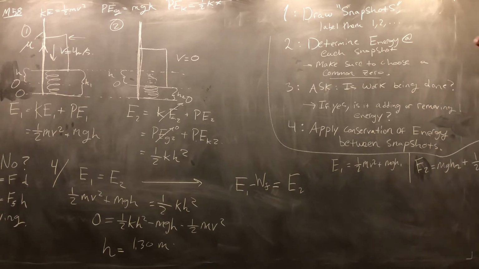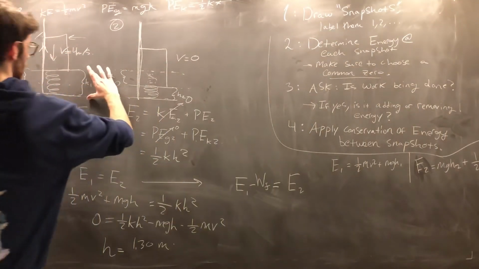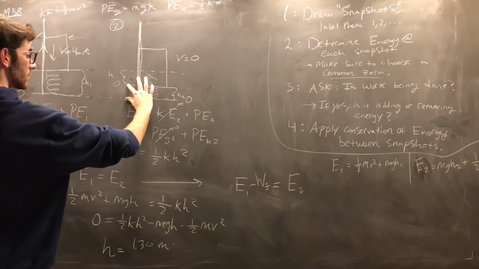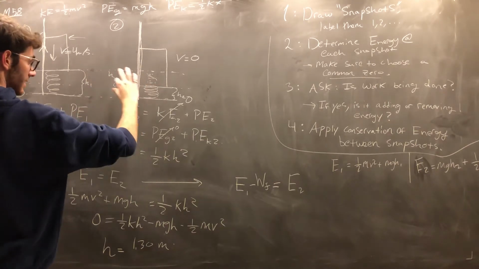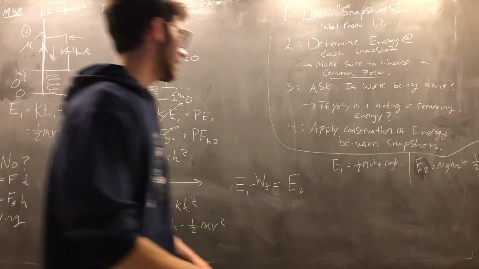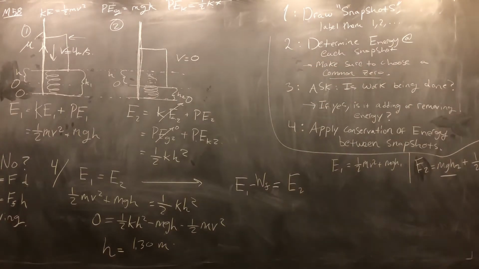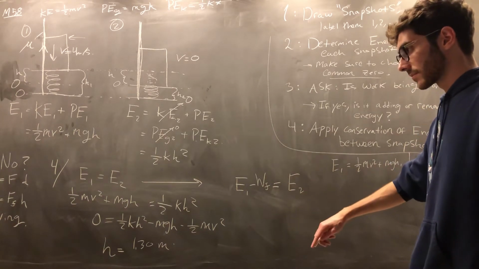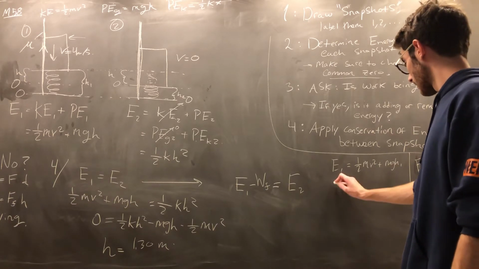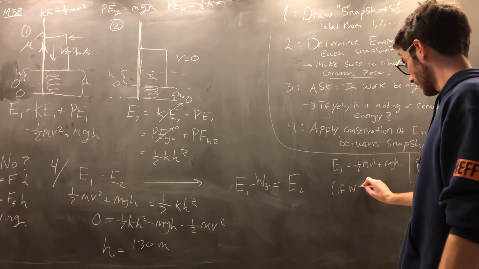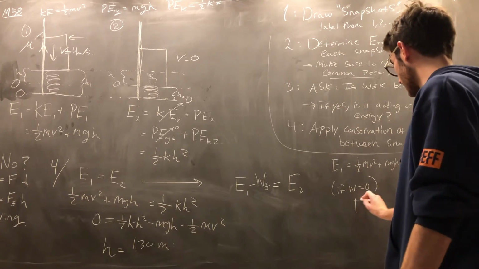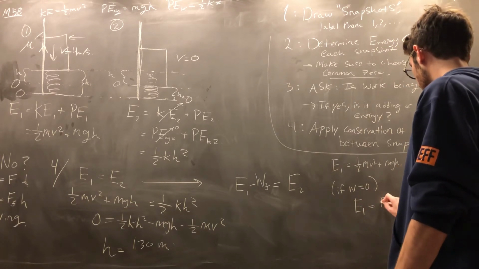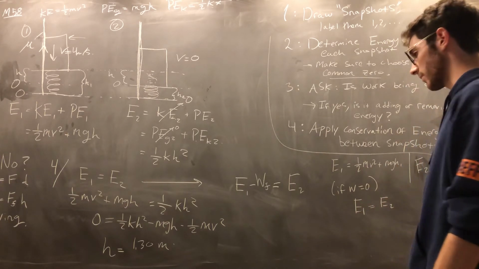I was going to say it changes, but it actually is the same, right? Because if we look at the way I've drawn it, if this is h1 and this is h2, then h is just h1 minus h2. So that stays the same. But now notice the difference here is that we have this potential term that's shown up in our energy at the second snapshot. And so if we were to, again, assume the work is 0, we can go right to saying E1 is equal to E2 as before.